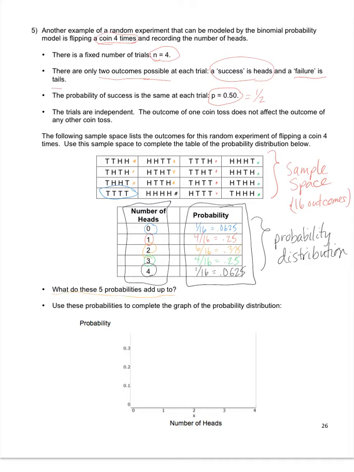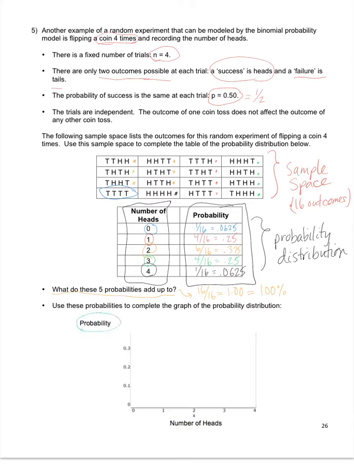I'll let you grab a calculator and press pause, and verify that you get 1 if you add up your decimals, which means we've accounted for 100% of the outcomes.